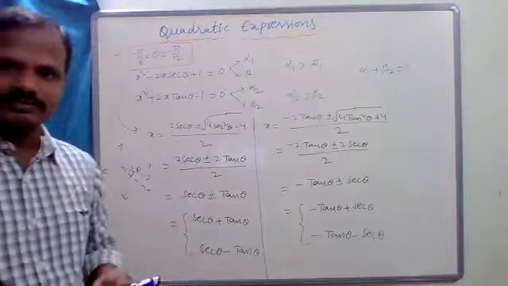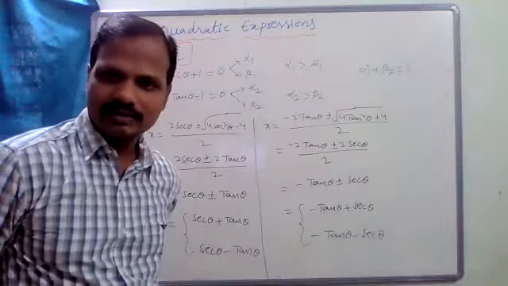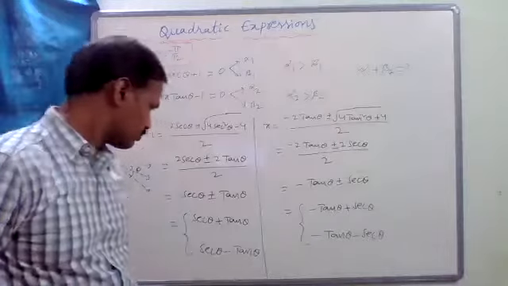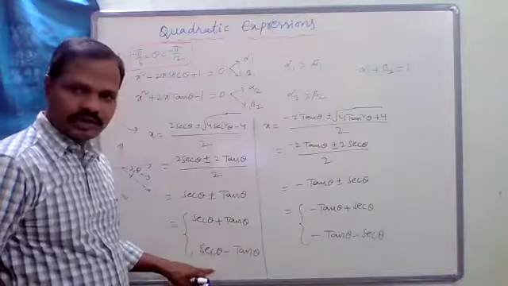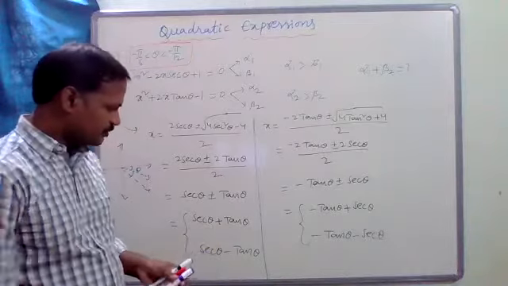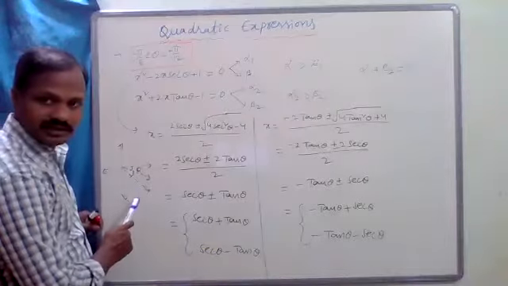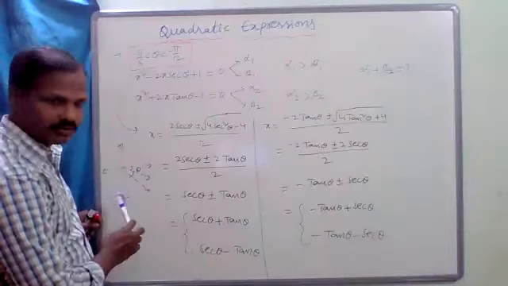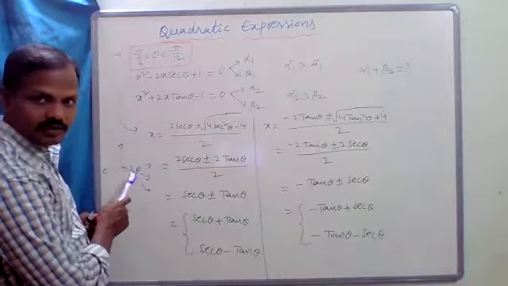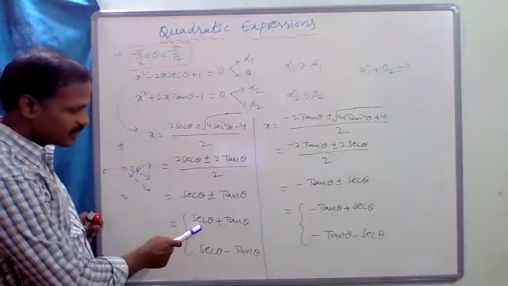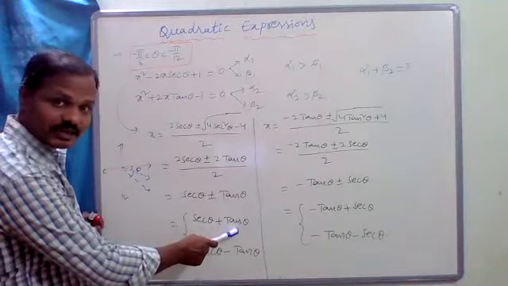Listen carefully, all of you. So theta is in the fourth quadrant. In the fourth quadrant, secant is positive, tan is negative.